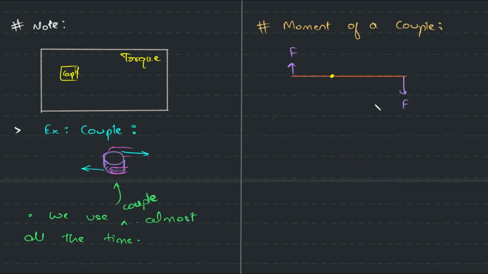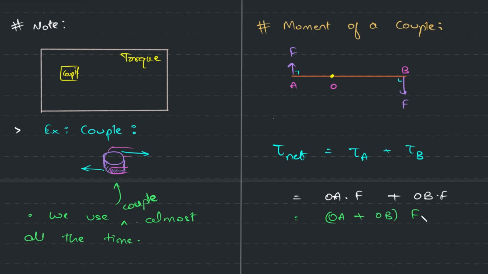Say we have a force of F, and this is O, this is A, this is B. The net torque here is the torque at A plus the torque at B. Torque at A is OA times F plus OB times F. If I take F out, I get OA plus OB, which is nothing but AB times F. So you can see that this is the perpendicular distance between the forces.